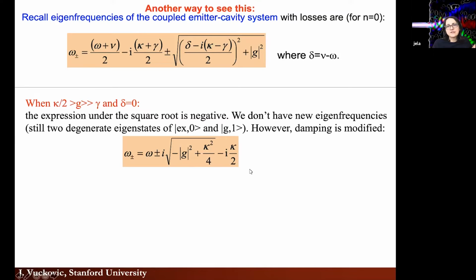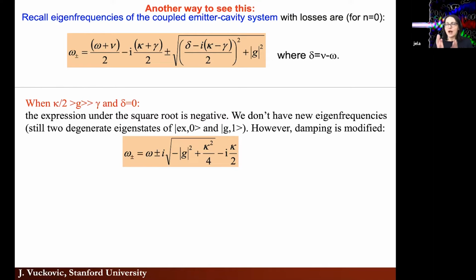If you look at this expression, it's obviously very different from the expression that we had in the strong coupling regime, because now the real part of the frequency is not changing, right? The only thing that is changing is the imaginary part of the frequency. And an imaginary part of the frequency is not a new eigenstate of the system, it's a decay rate, right? So if you measure transmission through the system, you're not going to see multiple peaks.